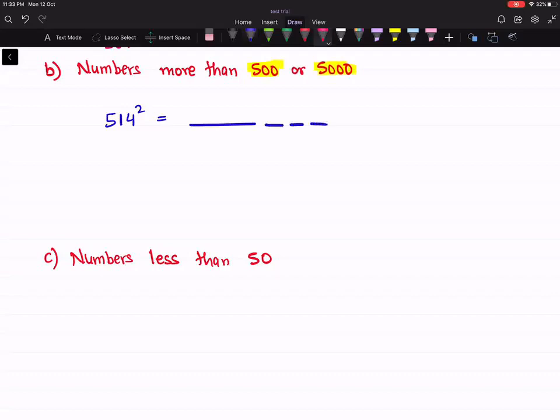So this is basically 500 plus 14. So the rightmost will be guided by 14 square. The left one will be your 250 plus whatever extra is there, that is 14. So my answer in this case will be 264, and 14 square is 196. That's my answer, right?